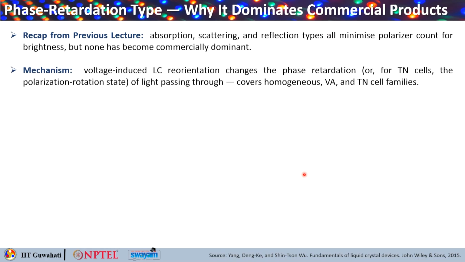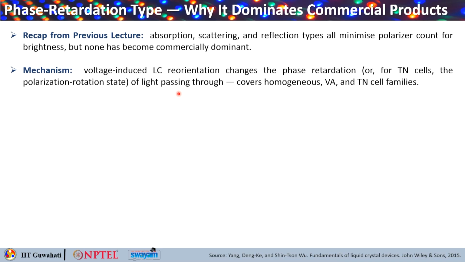So all the designs in this phase retardation type basically work by using an applied voltage to reorient the bulk liquid crystal director, or you can say it's basically the voltage induced liquid crystal reorientation.